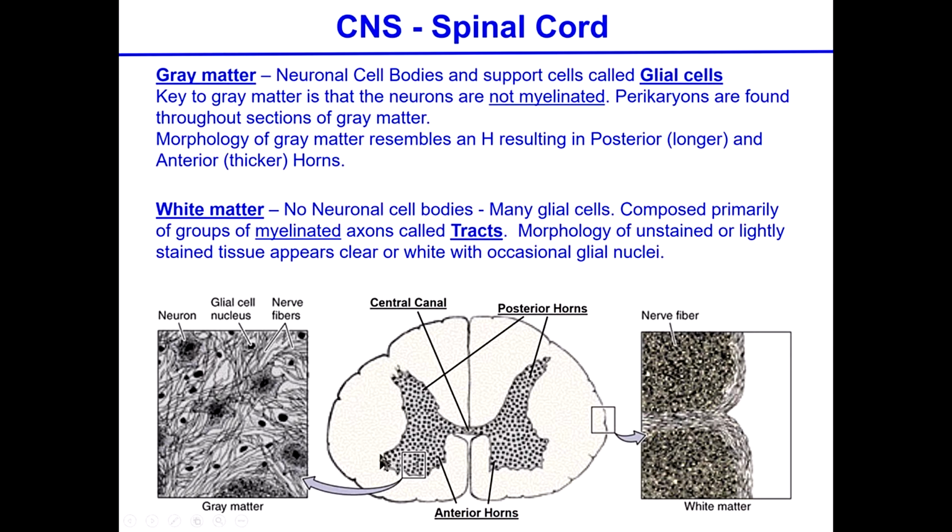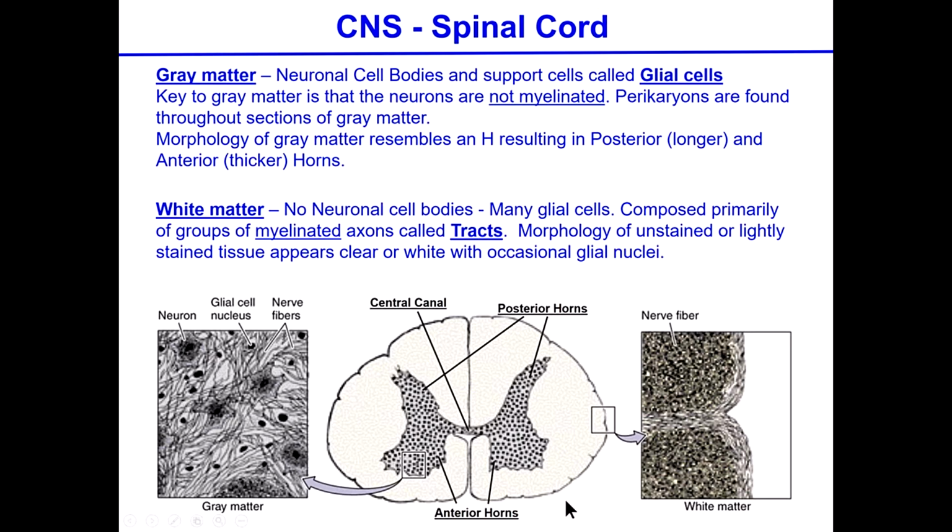What you find in this region within the H is what is called the gray matter, and it contains primarily the neurons, the perikarya, the nerve cell bodies are around here. You can see them, and there are plenty of nerve fibers. Nerve fibers are made by bundles of axons themselves, and there are also glial cells providing support for those nerve fibers.